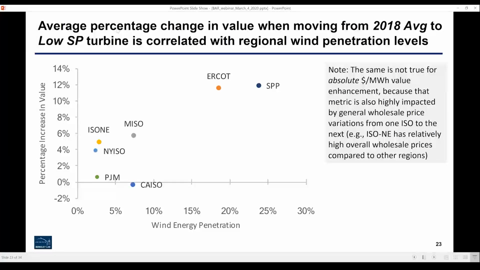In the other regions, the increase in wind penetration from 0 to 10% does not seem to be correlated much with the percent increase in value for the low SP turbines. It's not till you get to this higher wind penetration that you see a jump in the value of the low SP turbines.